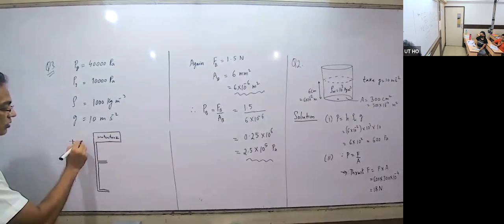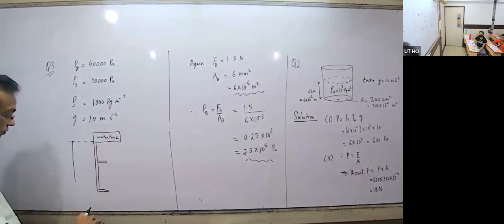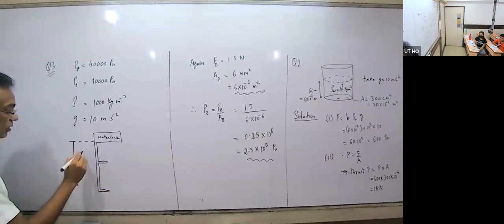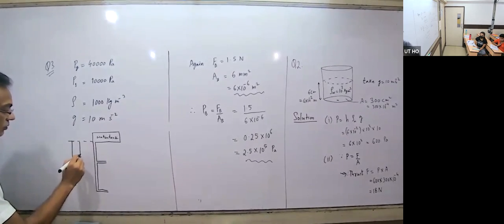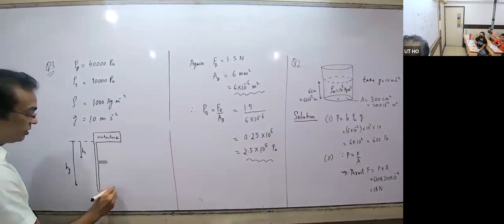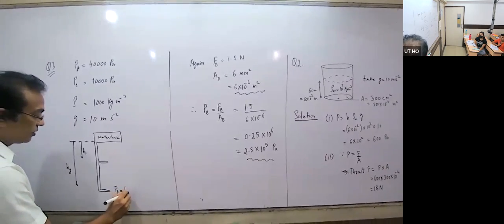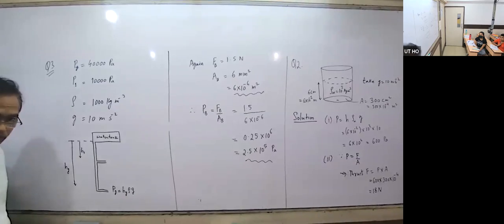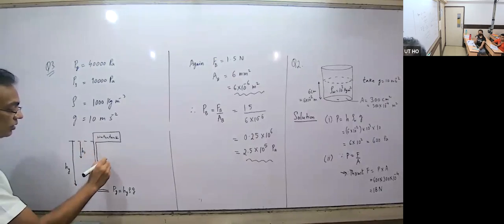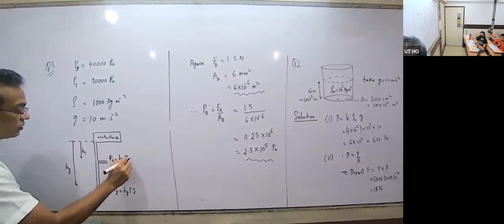You take the height from here. So this is the height for the ground floor, this is the height for the first floor. So what is PG? PG will be Hg rho g, height for the ground times density and acceleration due to gravity. And for the first floor, P1 is equal to H1 rho g.